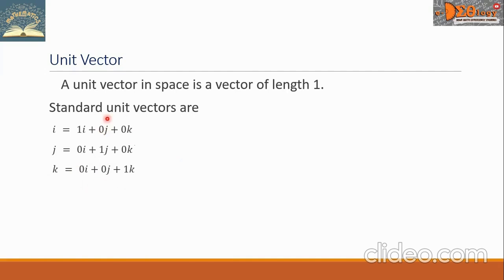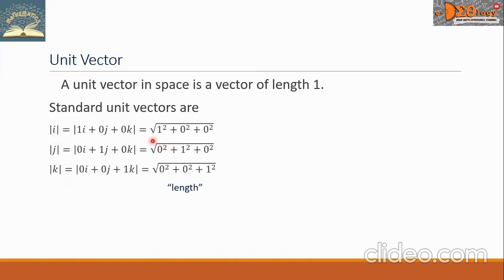We call these standard unit vectors because if we take the length of these vectors using our formula, we will have the following. The length of i is equal to the square root of 1 squared plus 0 squared plus 0 squared.